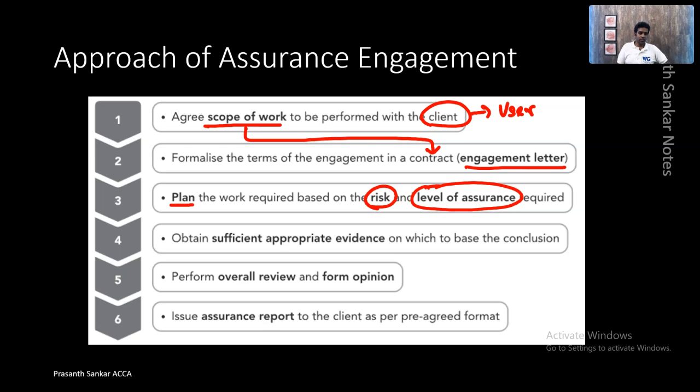They will be interested to go to the restaurant, and because you said so, they will be going to the restaurant. And because of that, what will happen? Your opinion could be damaged. Your conclusion could be damaged. The food blogger's conclusion could be damaged. And hence, a user would blame the practitioner first for giving an inappropriate opinion. And hence, we need to look at what is the risk involved.